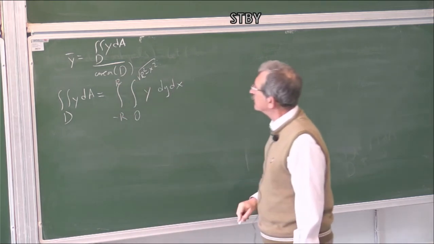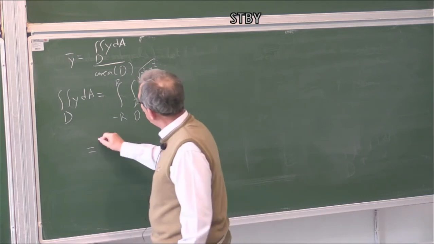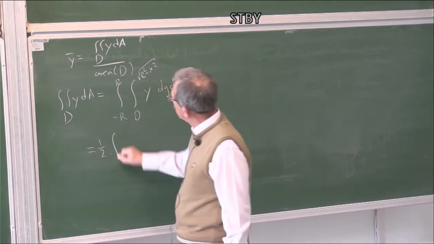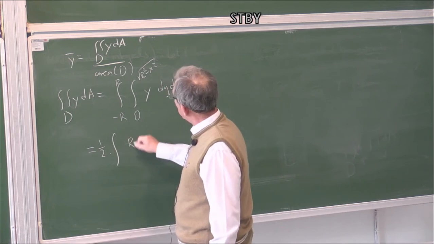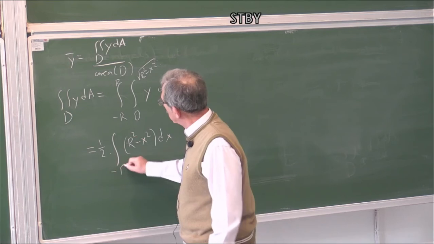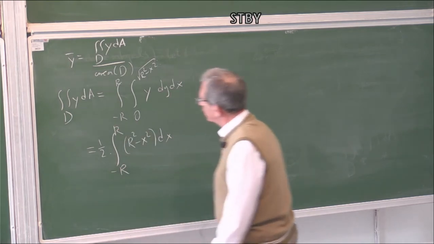Well, this is 1/2 of y squared, which simply means 1/2 of r squared minus x squared dx from minus r to r.